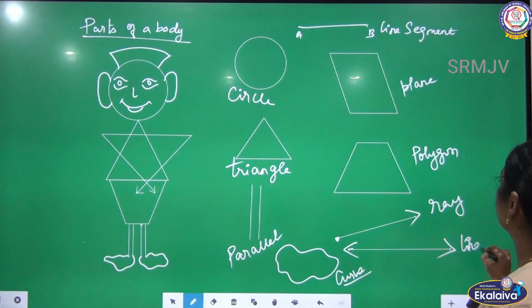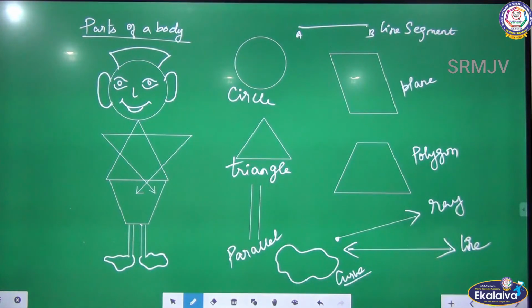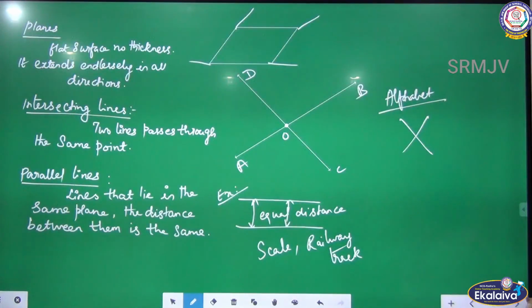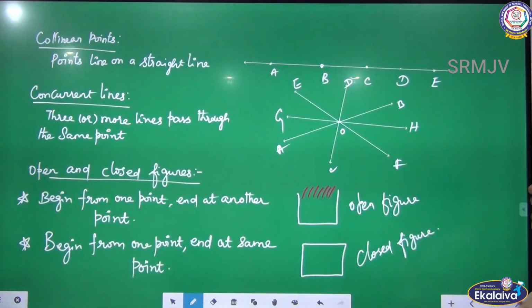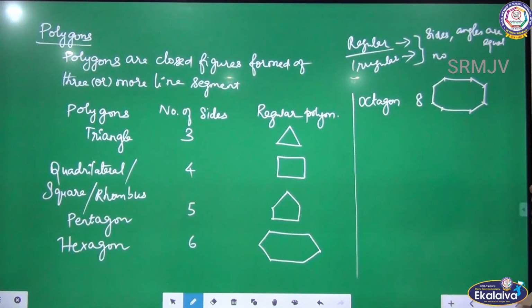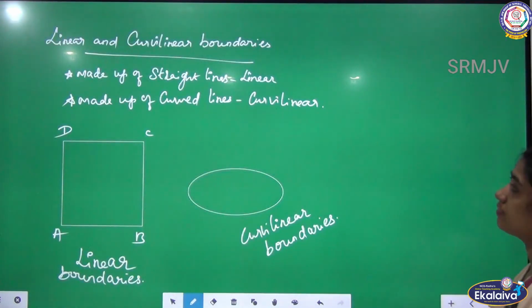A line. Polygons, and this is a line segment. Everything we have discussed. Okay, so these are the basic geometrical ideas we discussed. Okay, any doubt in this, children?